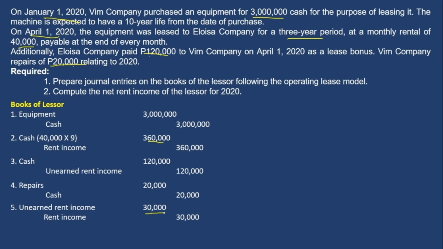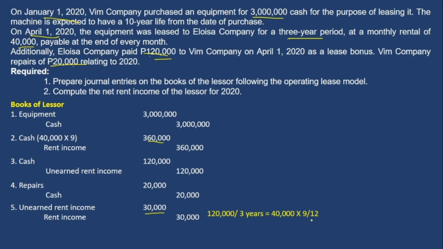So why 30,000? 120,000 divided by 3 years equals 40,000 annual amortization, but it started April 1, 2020, so to December is 9 months. 120,000 divided by 3 years times 9 over 12 is 30,000.